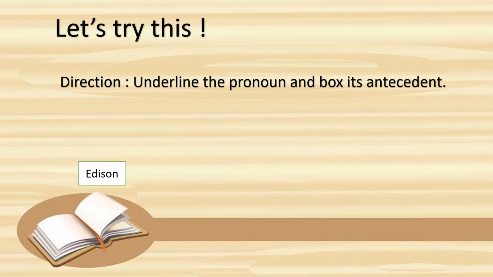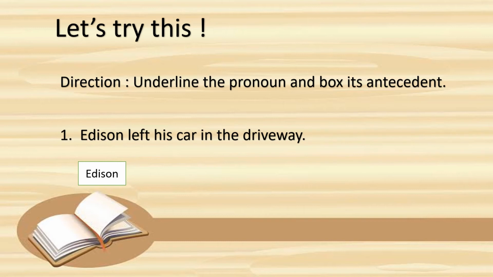Direction: Underline the pronoun and box its antecedent. Number 1. Edison left his car in the driveway. Underline the pronoun. What's the pronoun there? Right, his. Then, box the antecedent. His there is referring to your noun being replaced, which is Edison.